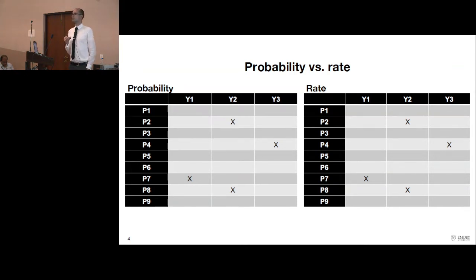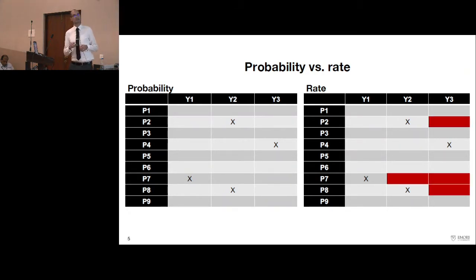And for each individual, we mark when an event, for example, when they got a disease, happened. So person 1 didn't get this disease in the 3-year window. Person 2 got it in year 2, and so on.